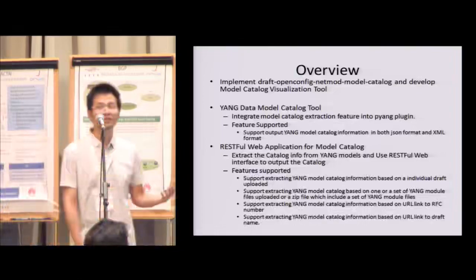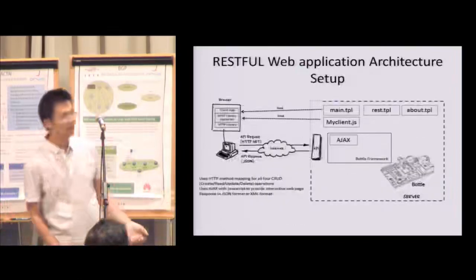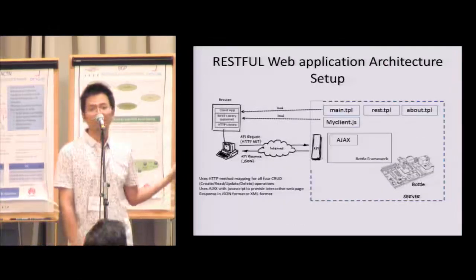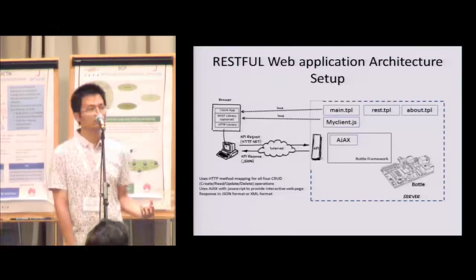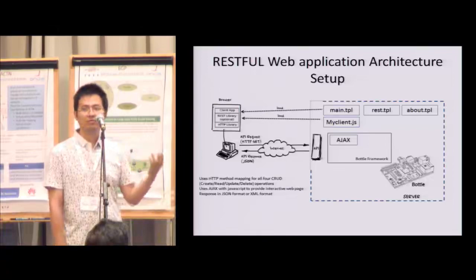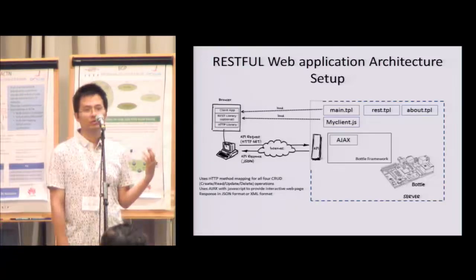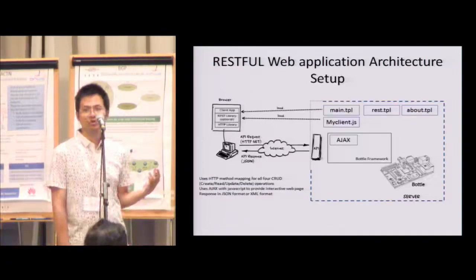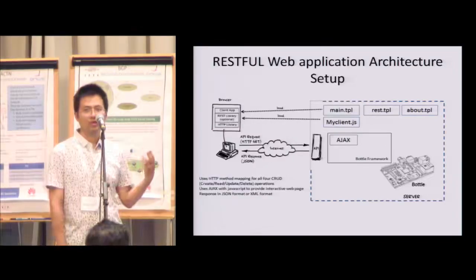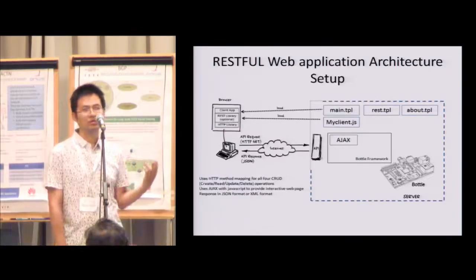For this application, we set up this framework. We allow the client to communicate with the server. We adopt the HTTP framework, and we can map the HTTP methods to operations on different resources. Also, we use JavaScript to allow interaction between the client and server.